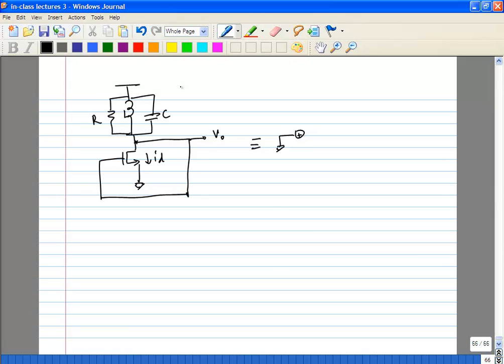We will replace it by the equivalent circuit, let's say the feedback model in this case. Minus 1 over Gm is the forward transfer function, and this is V0.